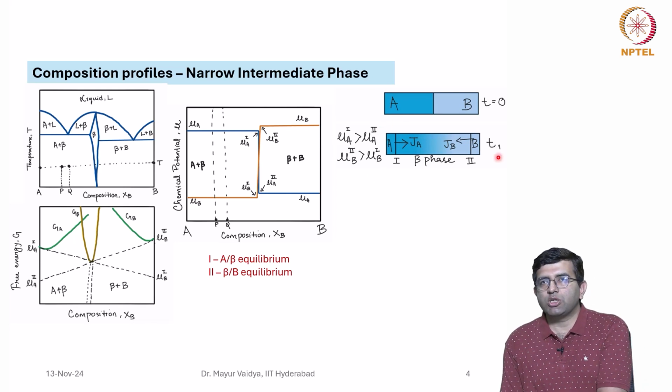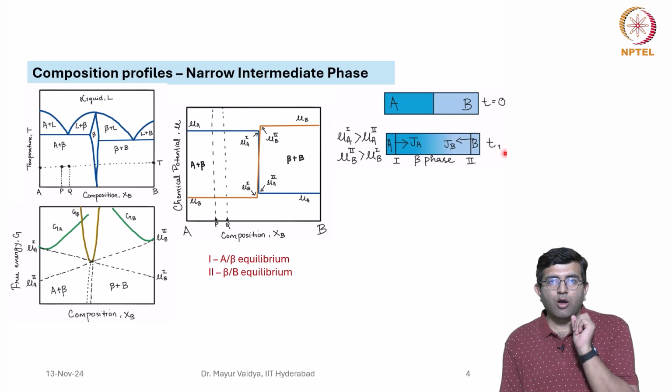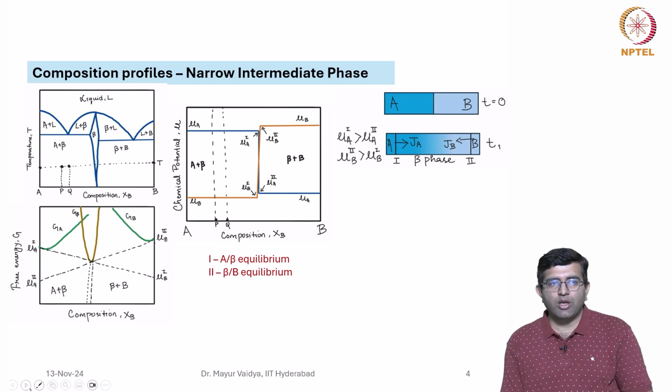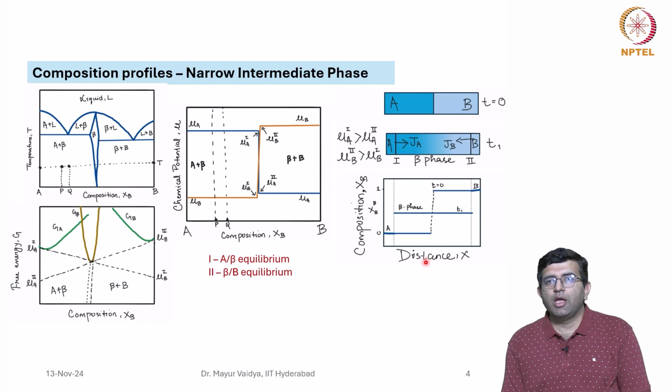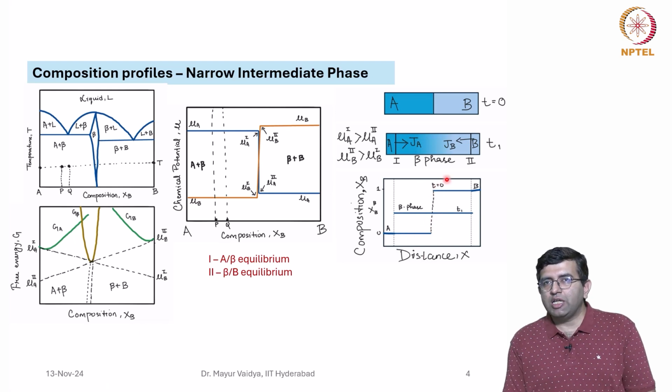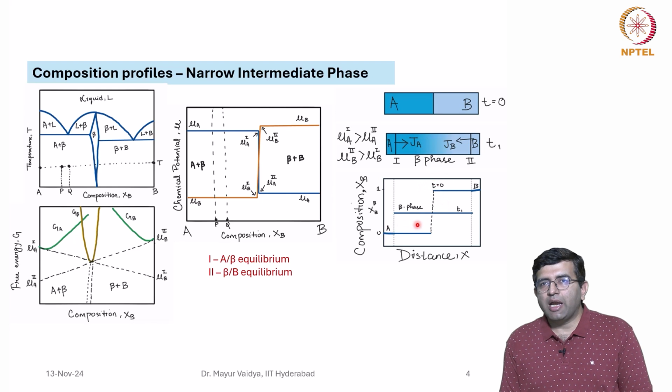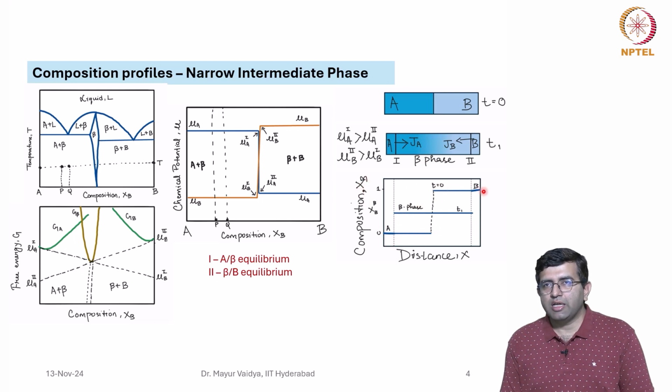So, this is the situation at T1. But how will the composition profile look? When you draw the composition profile for this, be careful, because this is the situation at T equal to 0. Remember at T equal to 0, you have pure A here and pure B here. So, if I am sketching XB, the XB is 0 here and XB attains the value of 1 here.